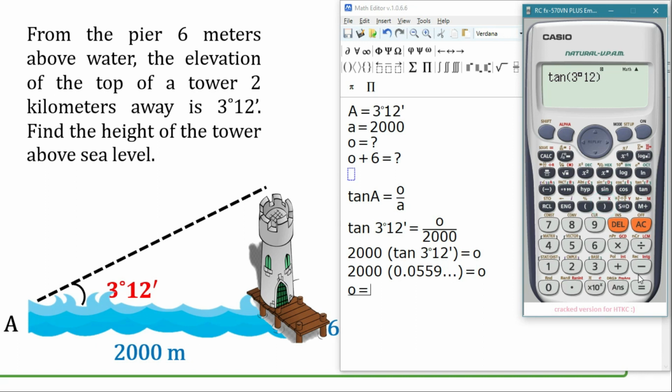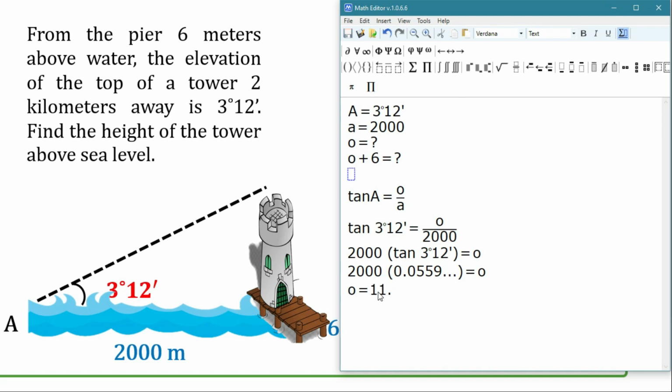The tangent of 3 degrees and 12 minutes times 2,000 is 111.82 meters, since meter yung ginamit nating unit of measurement.